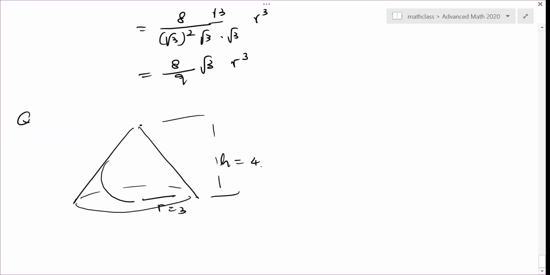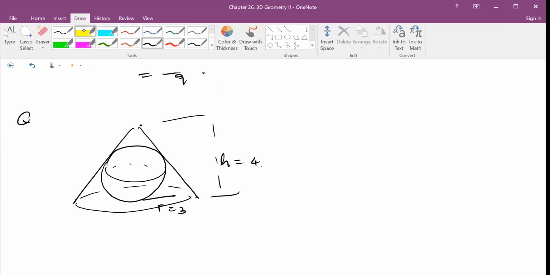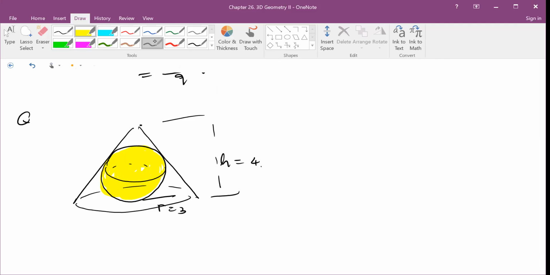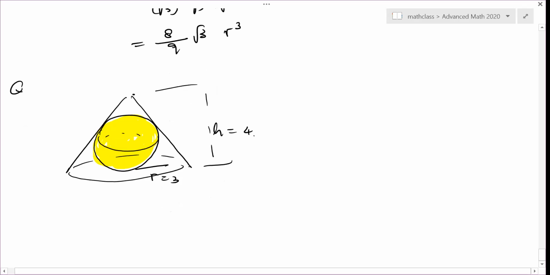I have a ball inside. I want to find the radius of the sphere.